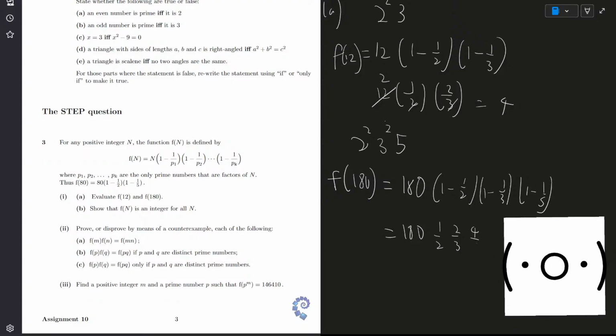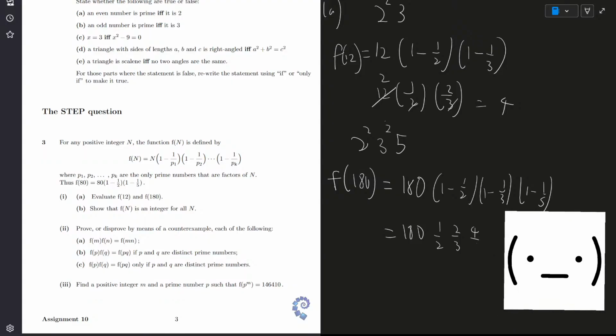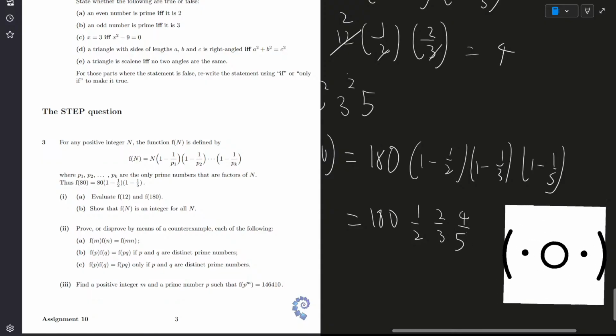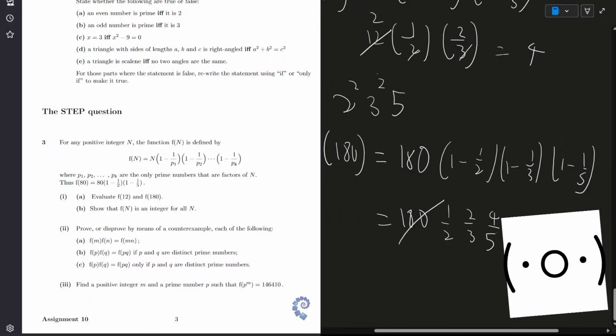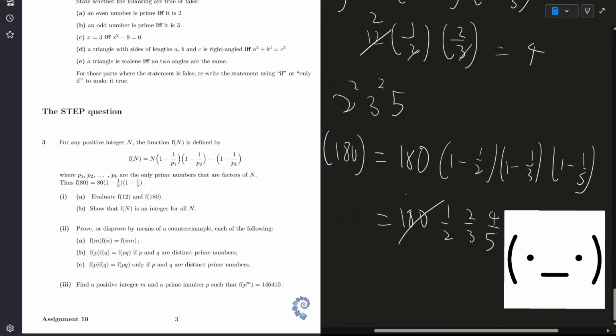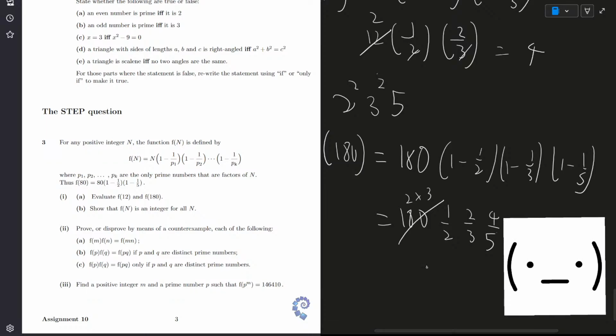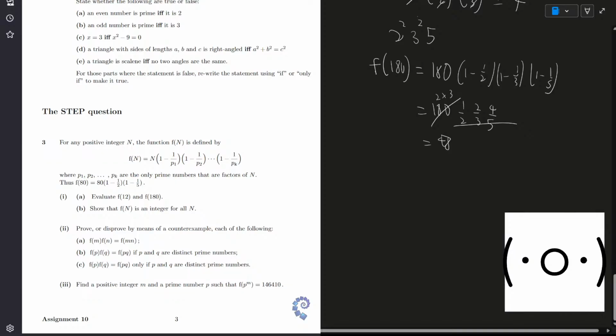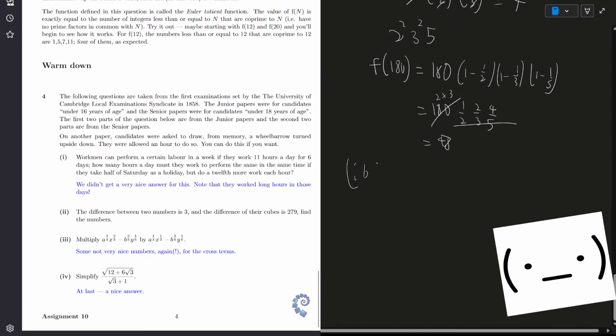So you have got something looking not dissimilar to this. Yeah, this crosses out. Comes 2 and 3. Means that it is now 16 times 3, so it's 48. Right, so now let's get to the fun part, which is proving that f of n is an integer for all n.